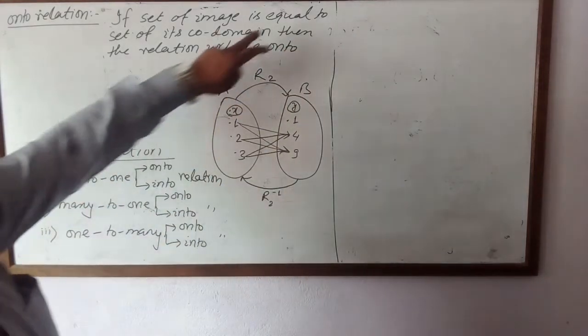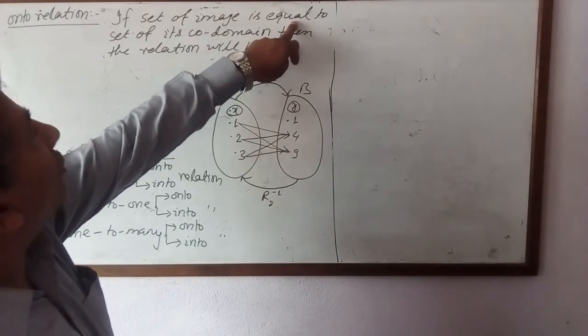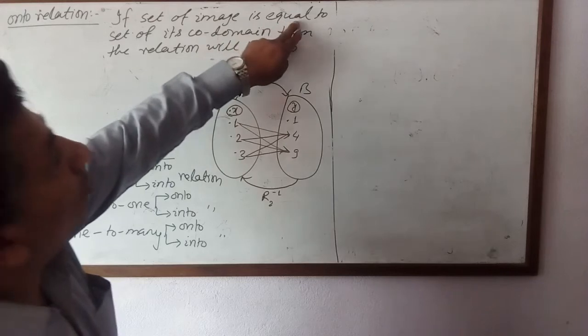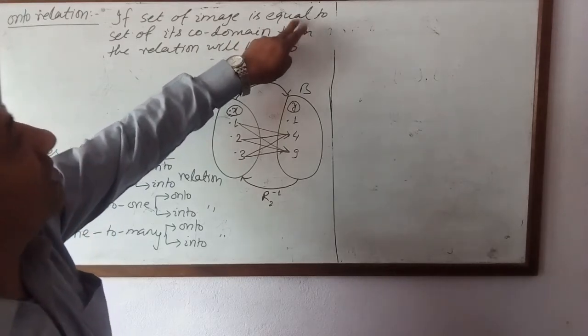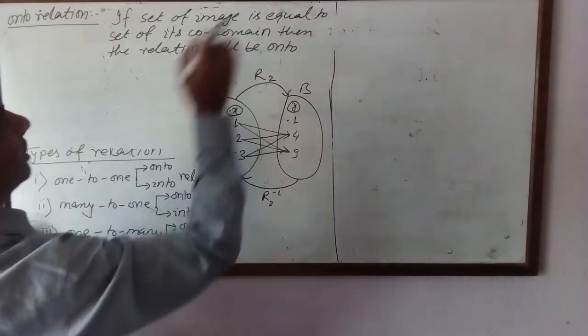Here, in place of equal to, we can say improper subset of its codomain. Improper subset means equal.